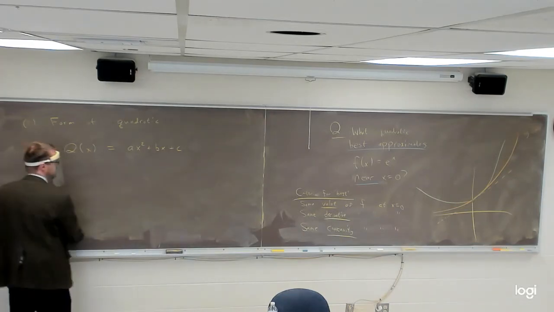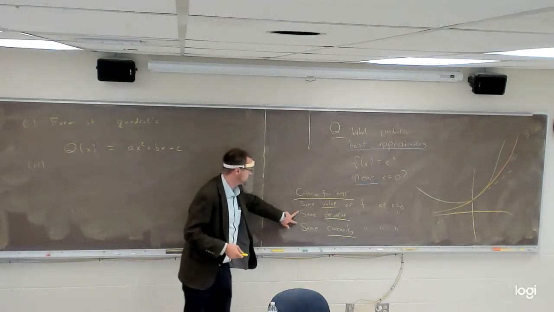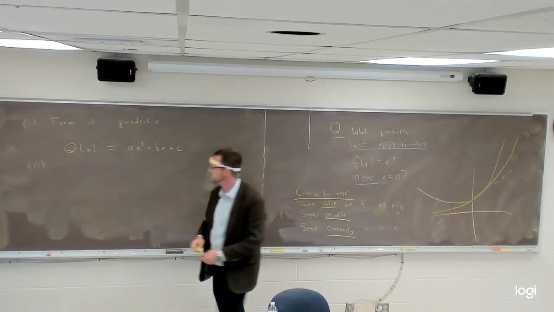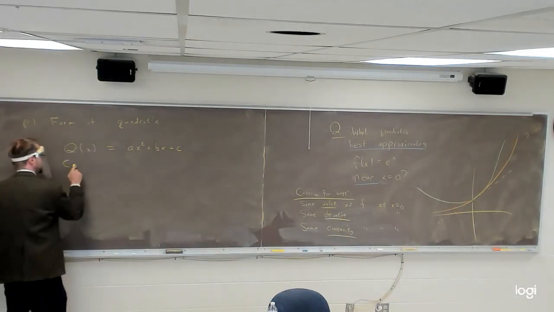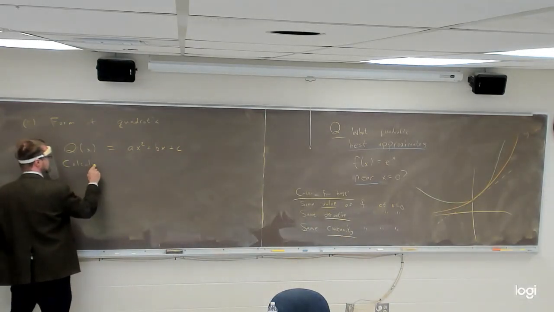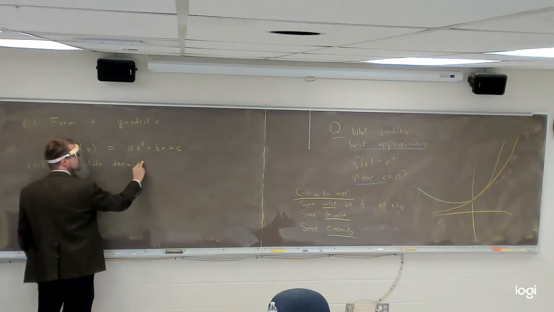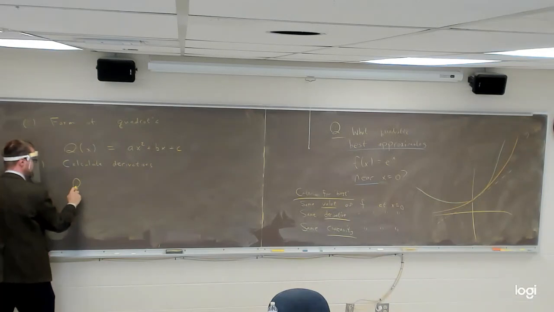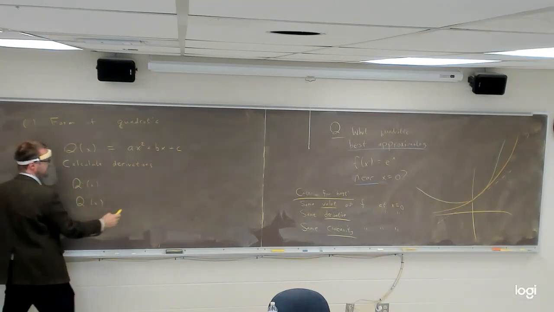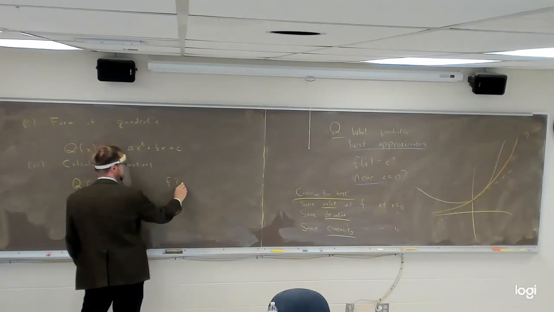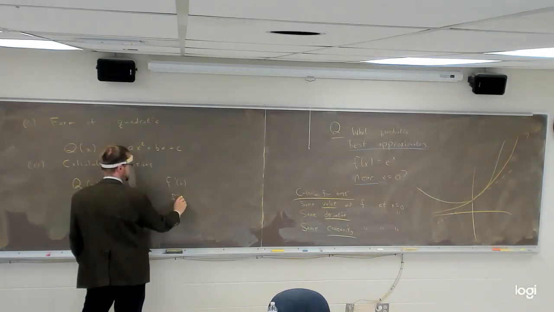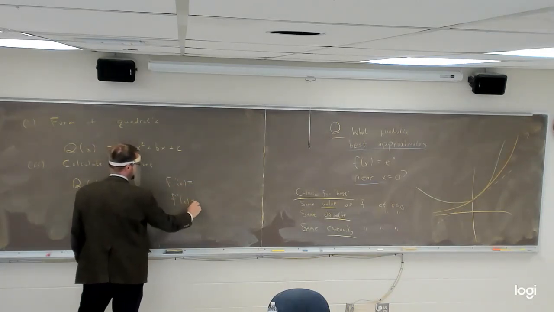Well, I'm looking at criteria on its derivatives and the derivatives of my function. So I'm going to calculate derivatives, Q prime and Q double prime. And I also have my function, and these are supposed to agree at 0.